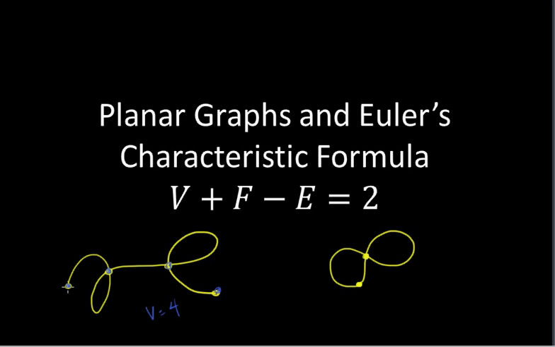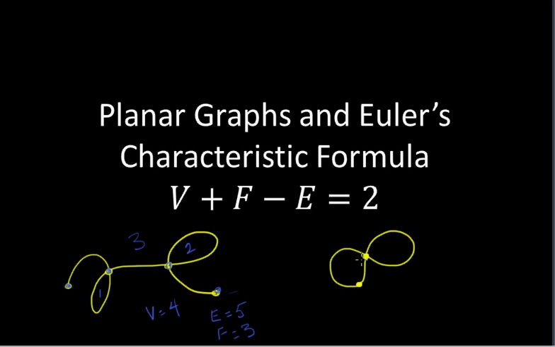And the edges, if you retrace this, you see 1, 2, 3, 4, 5. There are 5 of them. Those are the little curves between two dots. And the faces we count as face 1, face 2, and the outside is face 3. So the faces are 3. And notice, vertices plus faces is 7, minus edges is 2.